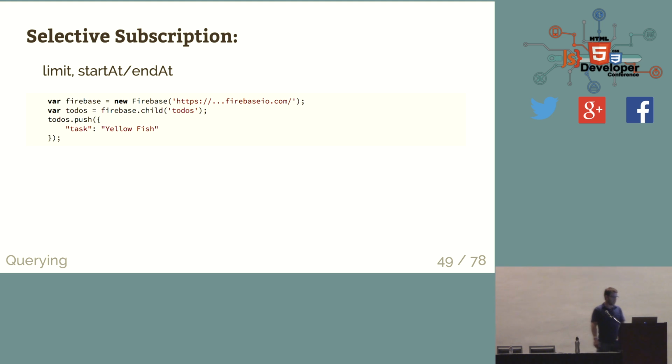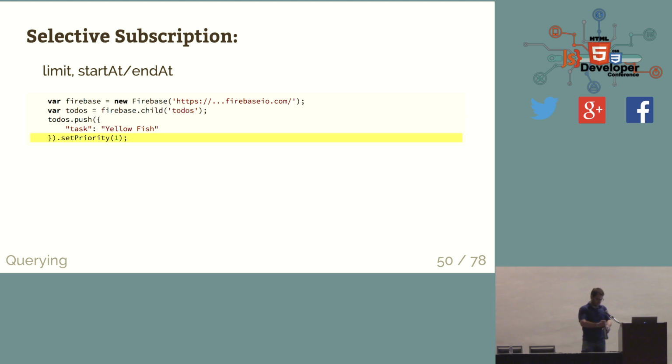So, for basic querying, this is adding an item to a list. We have the to-dos, we add another item, and push is the operation that generates that unique ID that we saw in the list versus arrays comparison. And when we have pushed this new to-do item, we can also set a priority for it.